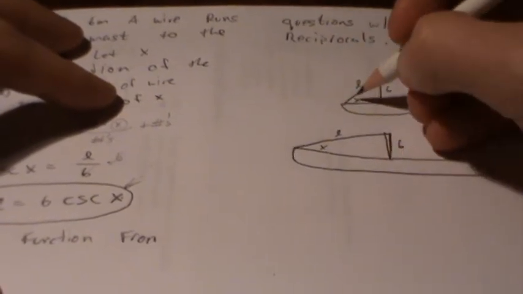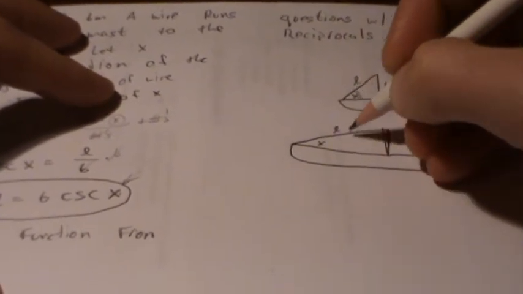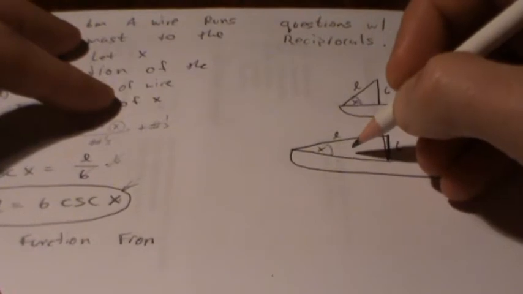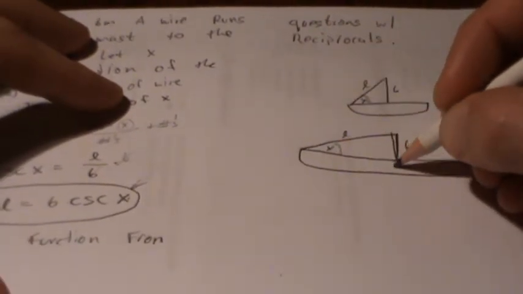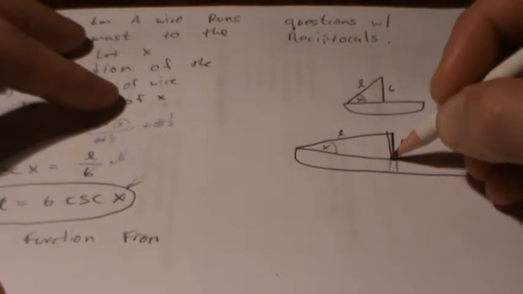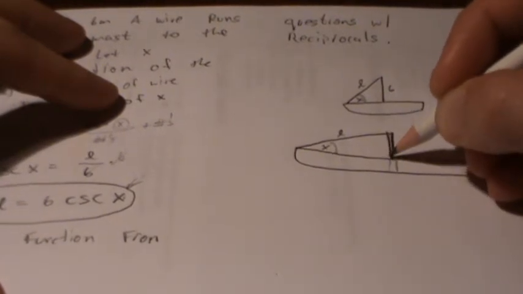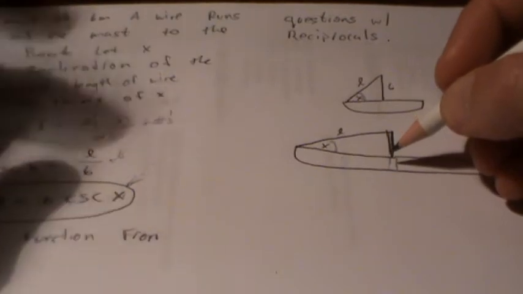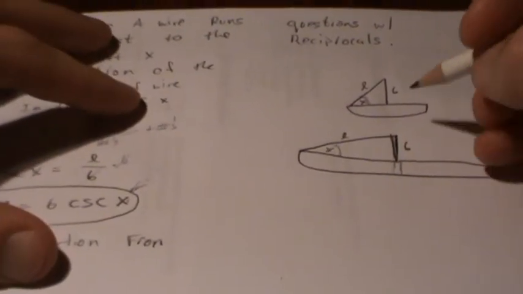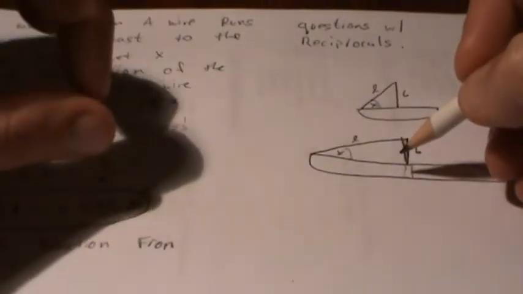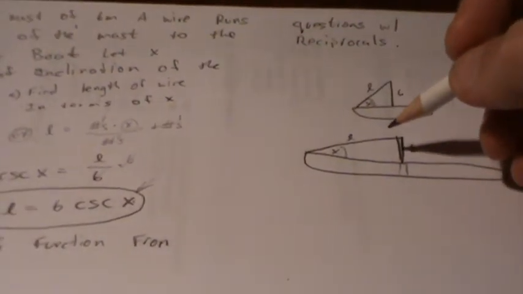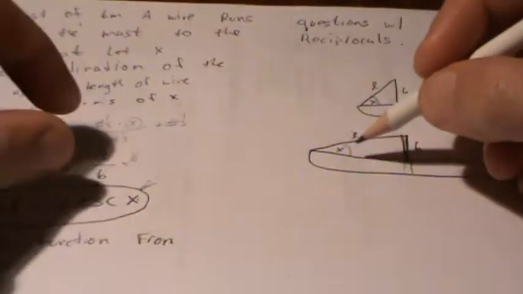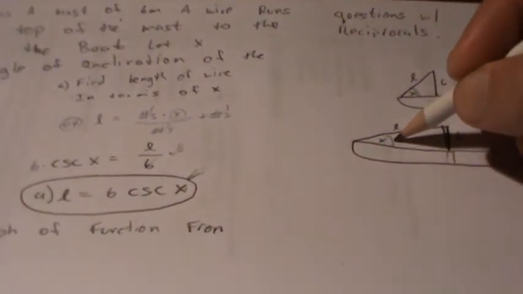Now I could vary this angle all the way up. If I have an infinitely short boat, then the angle could be 90 degrees in theory. Or if I have an infinitely long boat, this angle could reach 0.